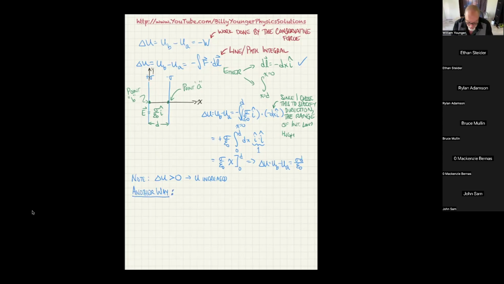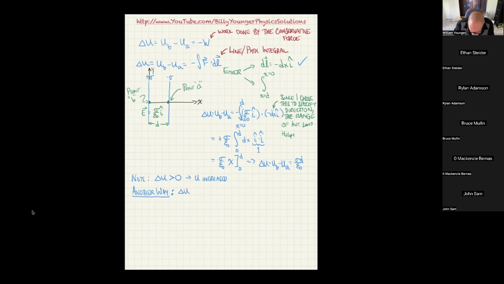The line that I chose was the line y equals 0, but because I have no y appearing in the integral, I don't have any way of implementing that. But the fact that this electric field happens to be the same everywhere between the plates means any path probably would have done the same thing. But now I'm going to do it another way.